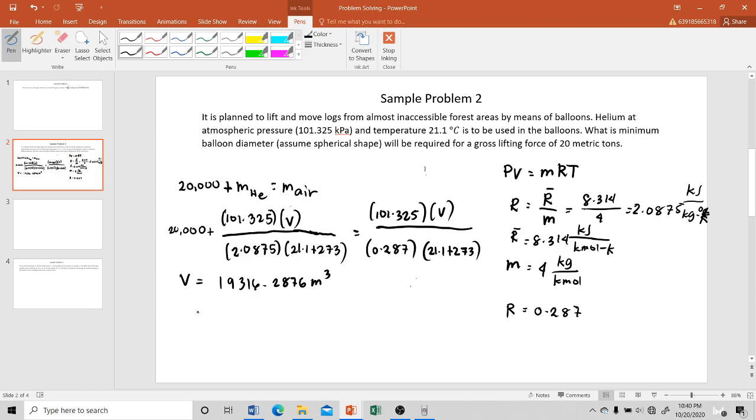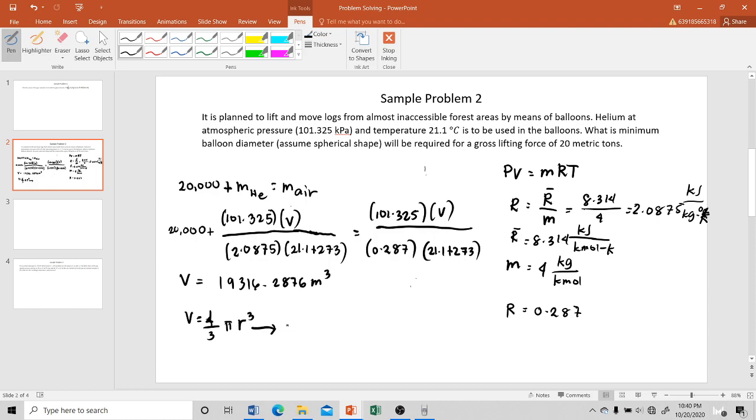So by using the formula of the sphere, which is 4/3 pi r cube, we can get the value of the minimum balloon diameter. So V is equals to 4/3 pi r cube.